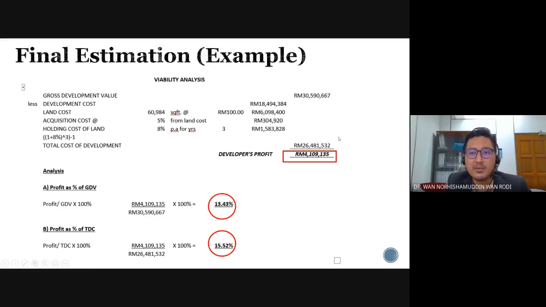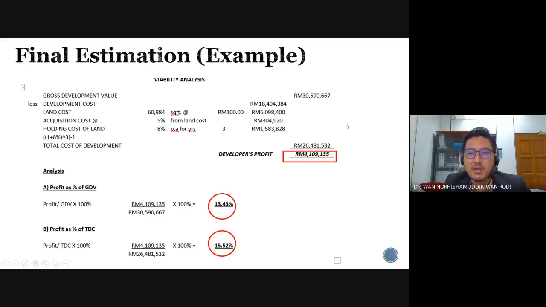So in respect of this calculation, you will generate around 26.858481 million for the total cost of development. The next step is to minus the total cost of development from the GDV. So the result is the developer's profit of 4 million. In this project, I managed to estimate around 4.1 million.